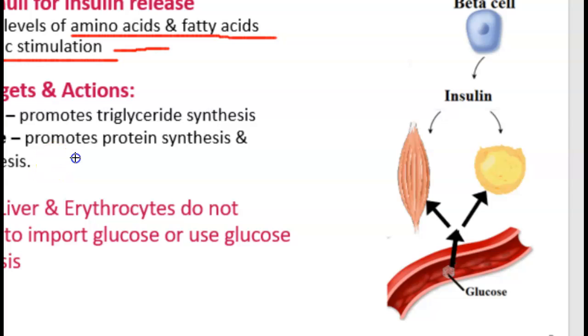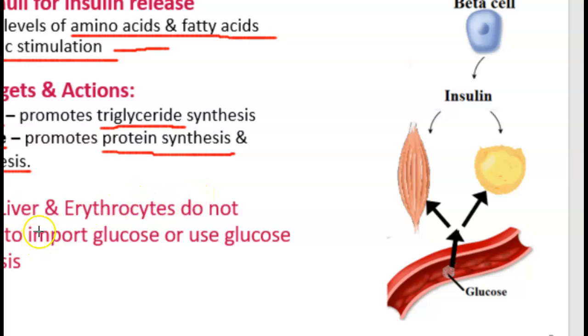But adipose tissue, for example, responds to insulin by making triglycerides. And skeletal muscle responds to insulin by taking up the glucose, but then making proteins and producing glycogen. Muscles can store glucose as glycogen, much like the liver can.